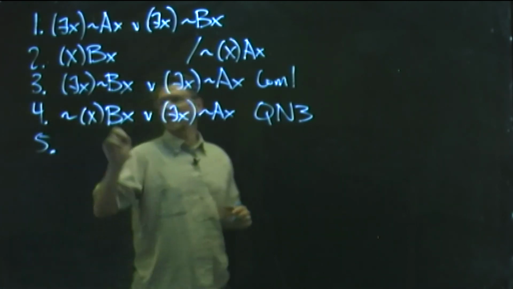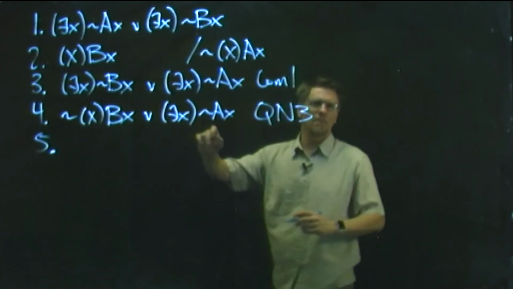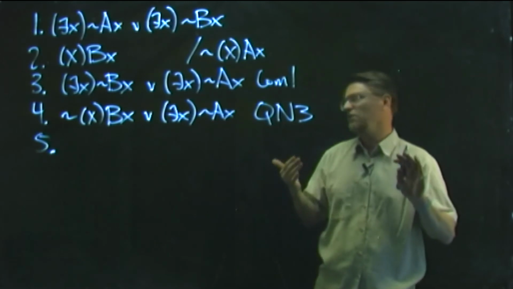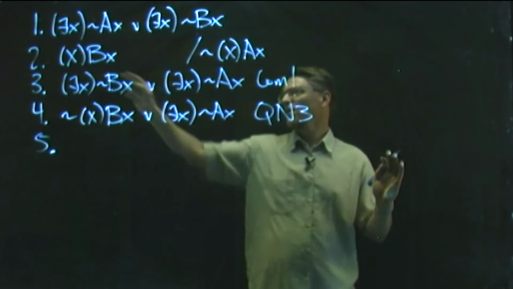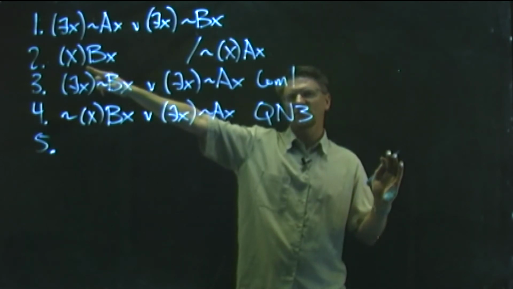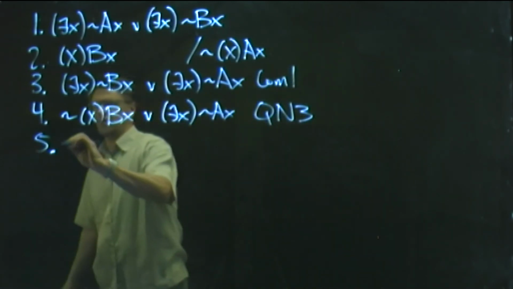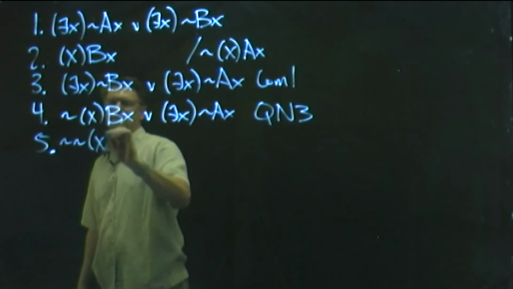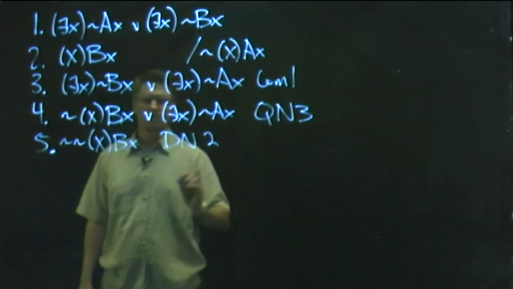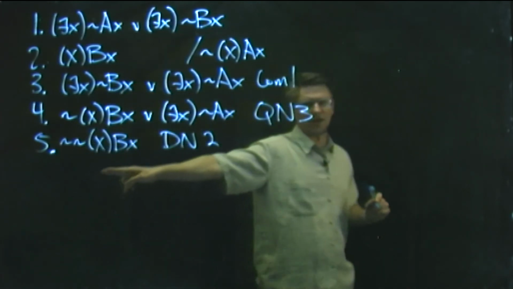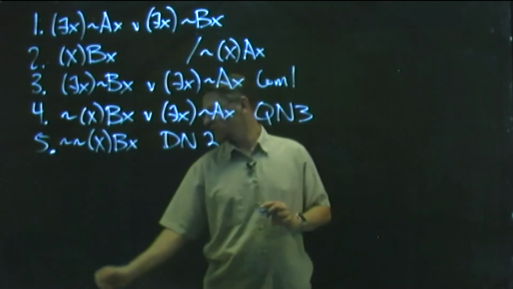Okay, so now we have our quantifiers matching. But of course, we want to do a disjunctive syllogism, and so we need to have the negation of that left-hand side to be able to pull this off. Well, that means we have to have 2 tildes in front of this one, which we can do with double negation there. And so now I hope you can see, right, what we're looking at here.